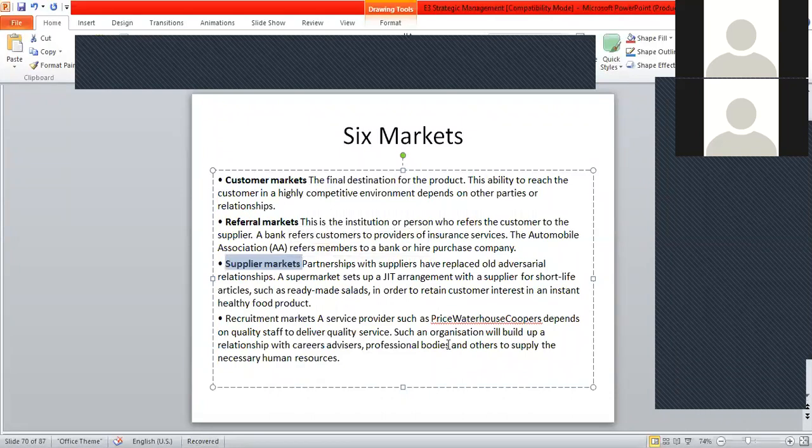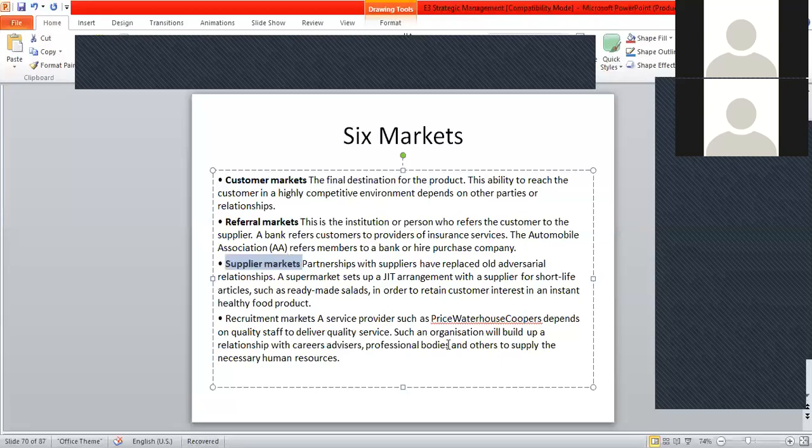Partnerships with suppliers have replaced old adversarial relationships. The supermarket sets up a JIT arrangement with the supplier for short life articles such as ready-made salads in order to retain customer interest in an instant healthy food product.